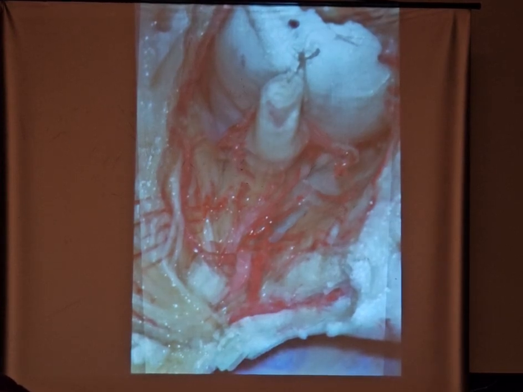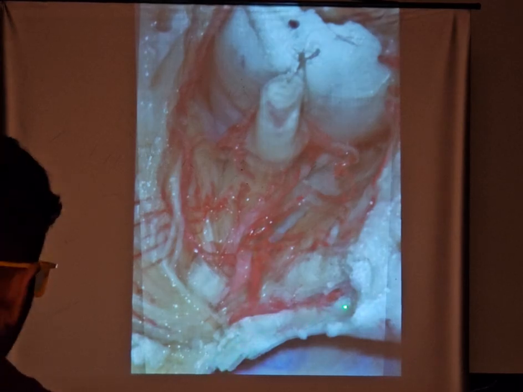So the orbit can be supplied only by the ophthalmic artery, but also by the ophthalmic artery and the middle meningeal artery. And these two arteries can be totally separated, or they may have some anastomosis. We have here, classically, a meningo-lacrimal artery.